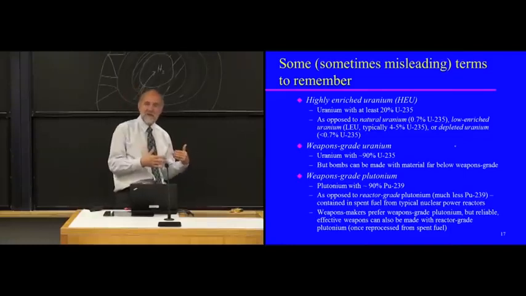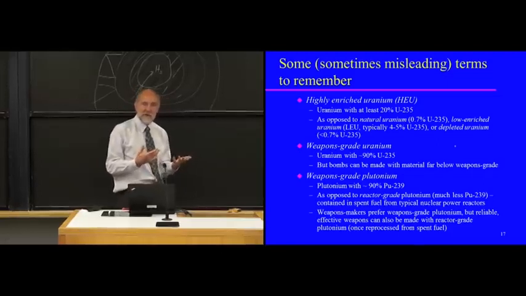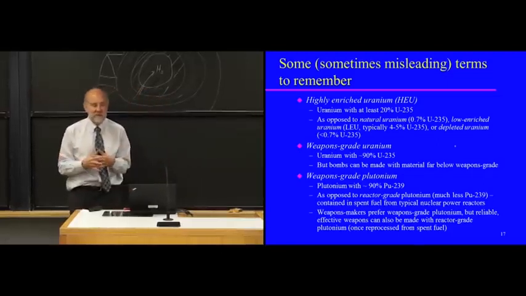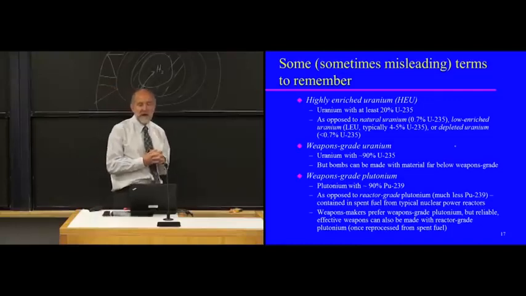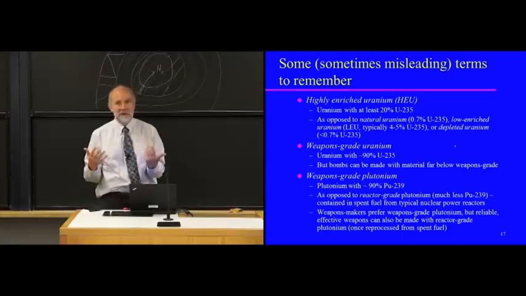So the stuff you get out from a power reactor is referred to as reactor-grade plutonium. It has much less plutonium-239, maybe only 60% or 70% plutonium-239. And weapon makers much prefer the weapon-grade plutonium.